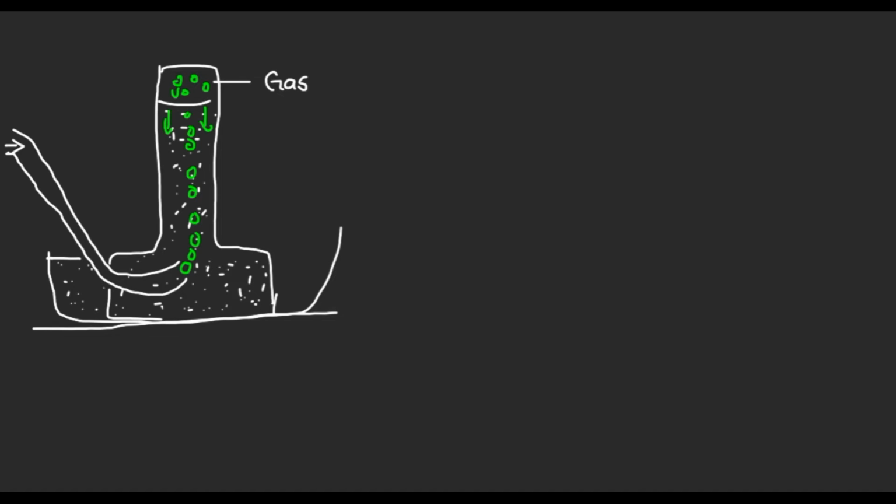Now, for examples of gases that can be used, we can look at carbon dioxide, because though it is slightly soluble in water, it can be collected by this method. Then hydrogen can also be collected because of being insoluble. Then oxygen can also be collected.